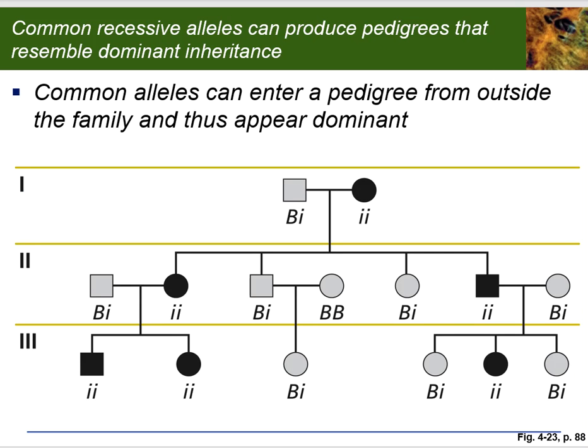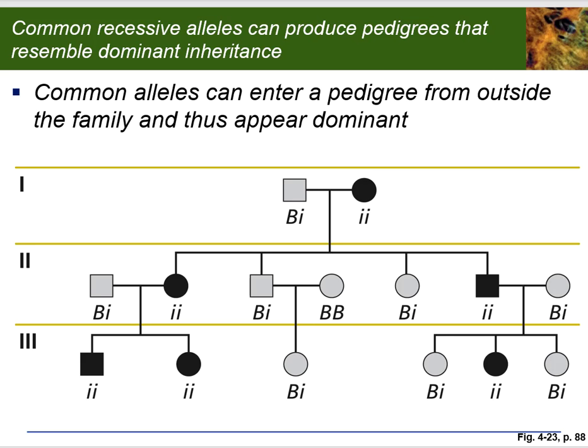Common recessive alleles can produce pedigrees that resemble dominant inheritance. A common autosomal recessive allele can produce a pedigree that looks like an autosomal dominant trait. In generation 1, one parent is homozygous for the type O recessive allele, little i, and the other is heterozygous.